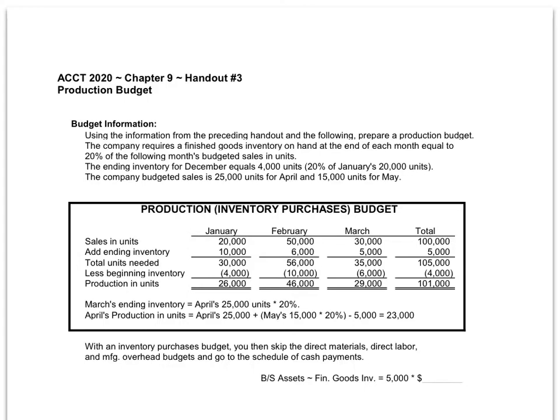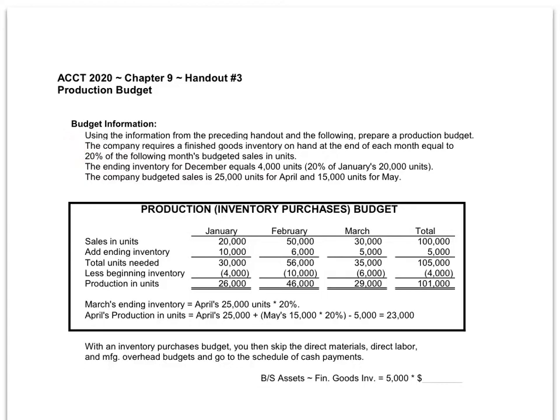They don't want to be flat out of inventory at the end of the period. So we're going to add our desired ending inventory. And it says here that the company requires a finished goods inventory on hand at the end of each month equal to 20% of the following month's budgeted sales in units.